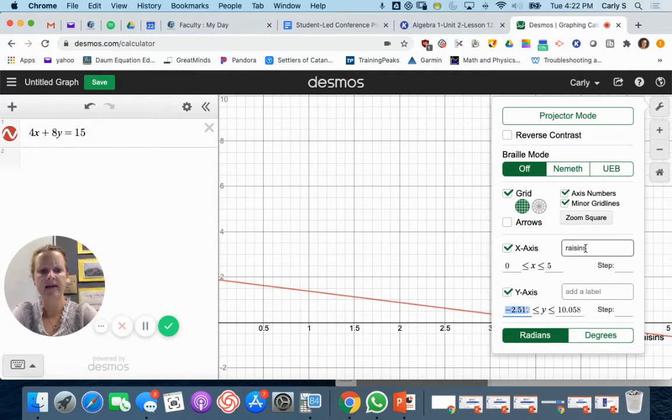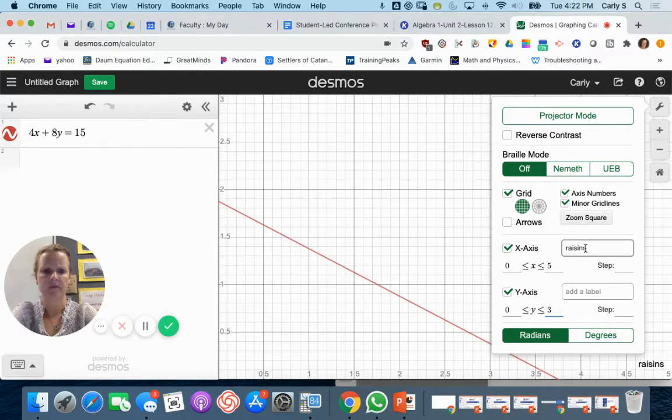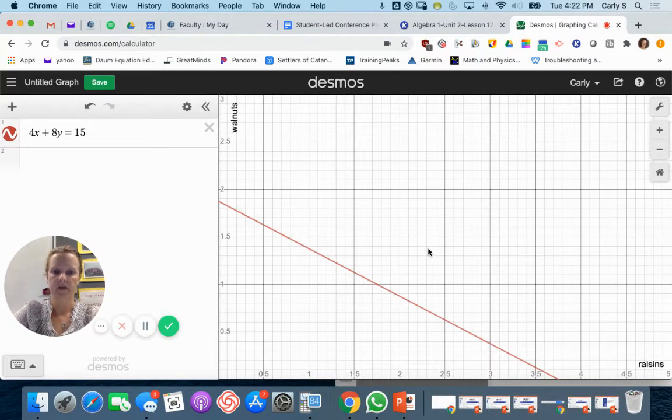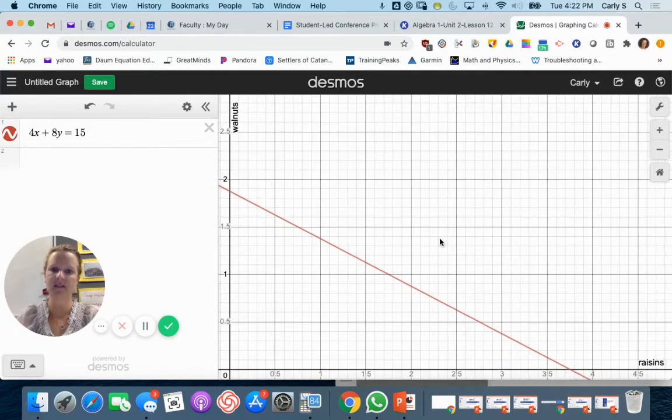And then y-axis, again, from 0 to, it looks like, not far. And my label is going to be walnuts. Okay, I'm going to drag it just a little bit because I like to see just a little more detail. But yeah, I'm positive. So this is what works.